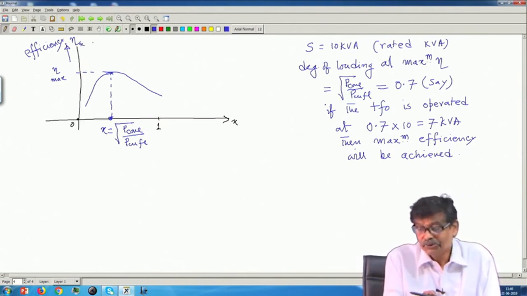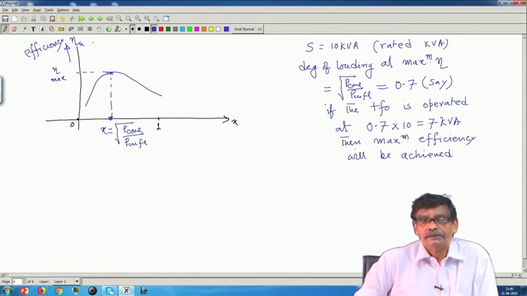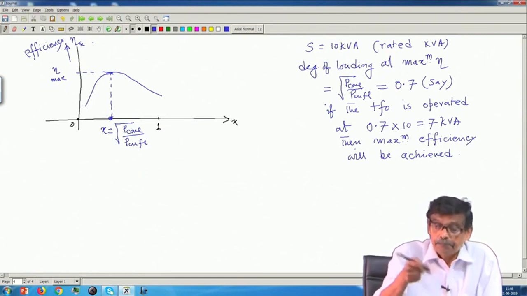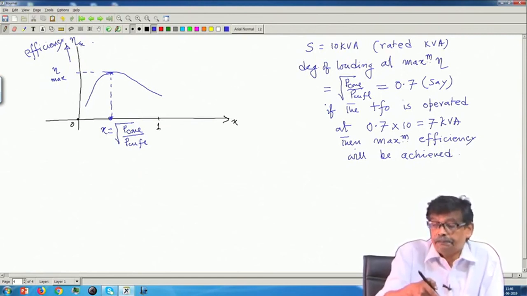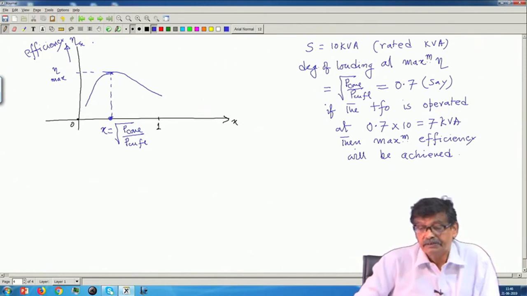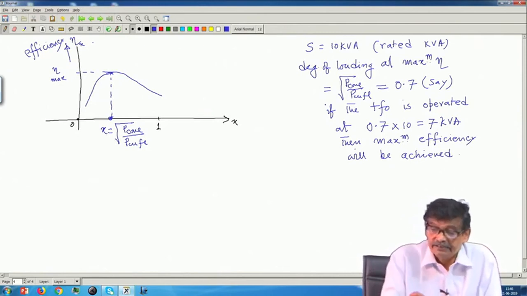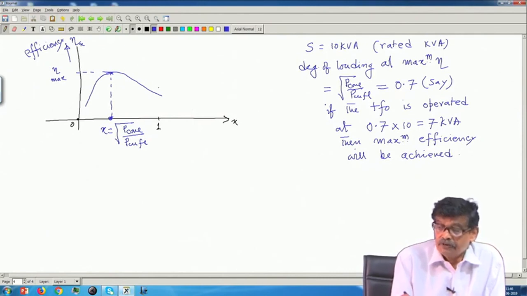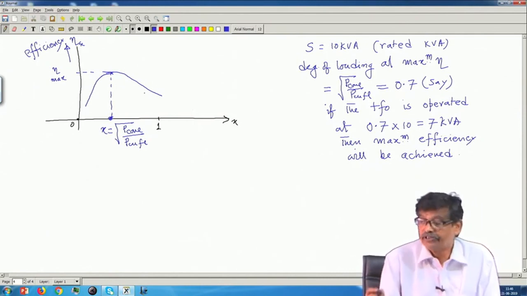Of course, I should not forget to attach another condition that I have imposed upon the efficiency expression. What is that? This curve is true for a fixed power factor angle, cos theta I assumed constant, is it not?